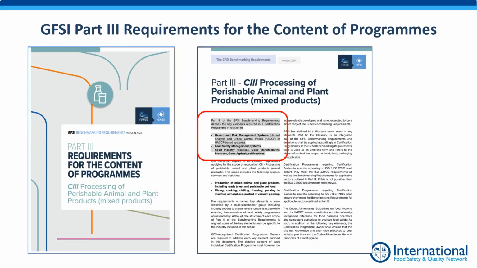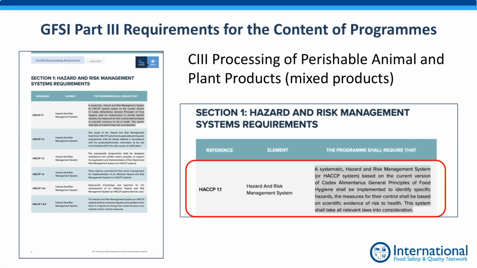So this is a key element of GFSI benchmarking requirements, hazard and risk management systems, as well as food safety management systems and good industry practices. And the requirement is for a certification scheme to have a systematic hazard and risk management system or HACCP system based on the current version of Codex Alimentarius General Principles of Food Hygiene.